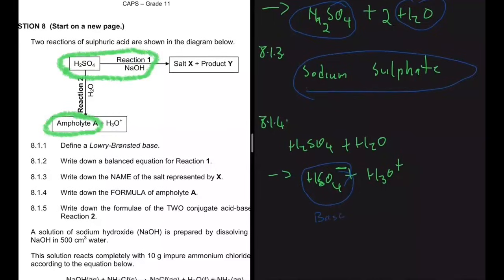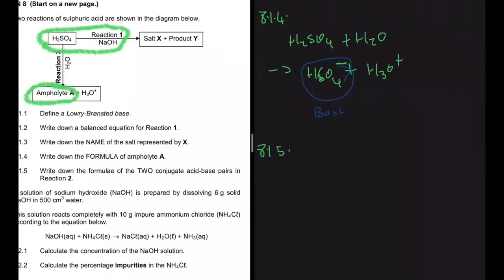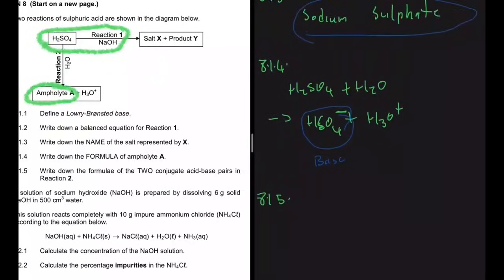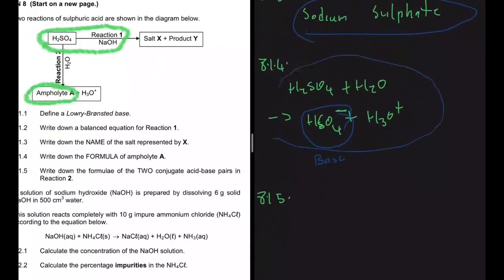And then let's move to 8.1.5. Write down the formulae of the 2 conjugate acid base pairs in reaction 2. So we've already written down reaction 2, right? Let's just look for the acid base conjugate pairs. So H2SO4 is an acid, and then when it loses the protons, we get the conjugate base, right?